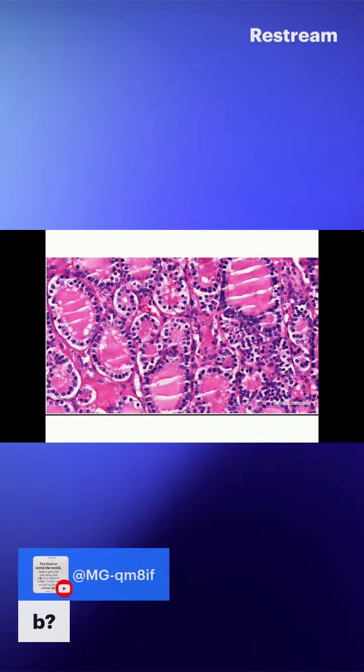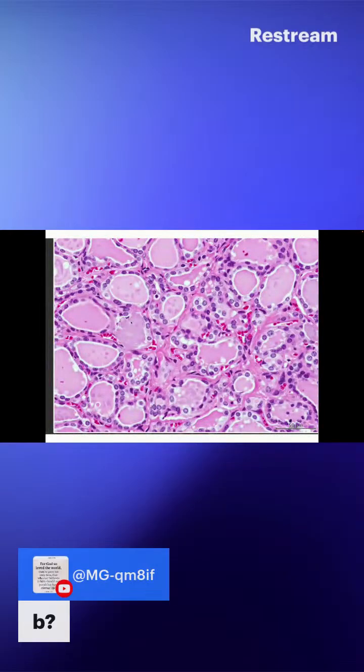It's really important to appreciate the nucleus itself, because in other entities the nuclear features would be very striking. Here you can see that the nucleus is blue, small, and doesn't have distinct features. Here, this is the normal one, just to differentiate between the normal one and the follicular adenoma.